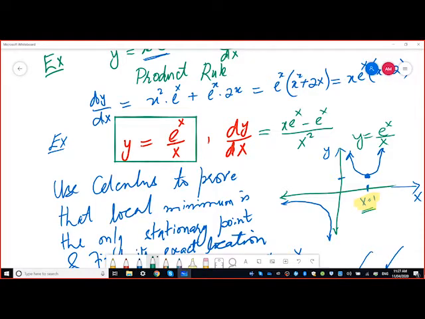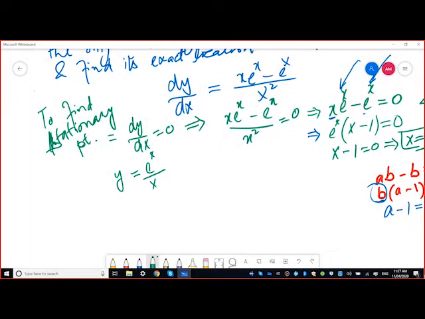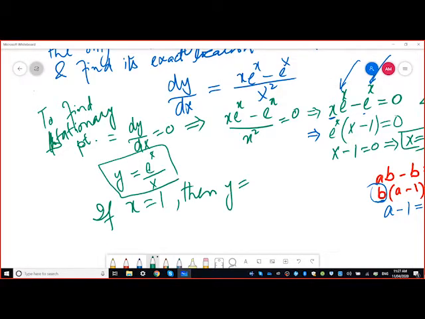If x is equal to 1, what is y then? From this equation, y is equal to e to the power of 1 divided by 1, and that is equal to e.